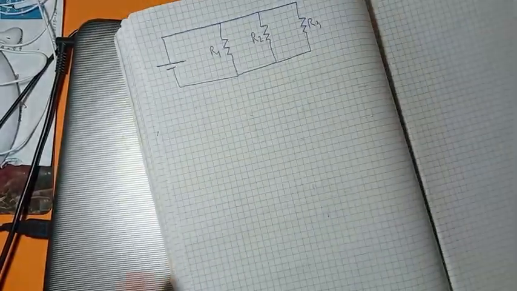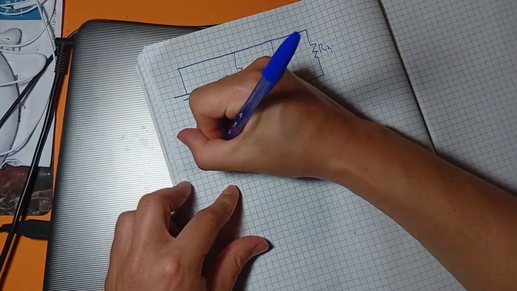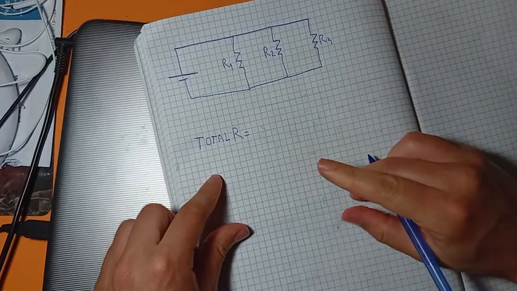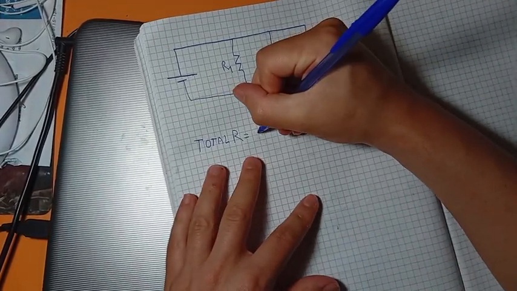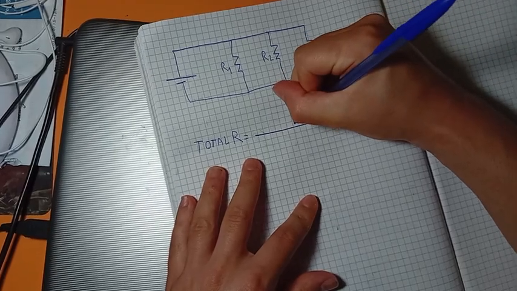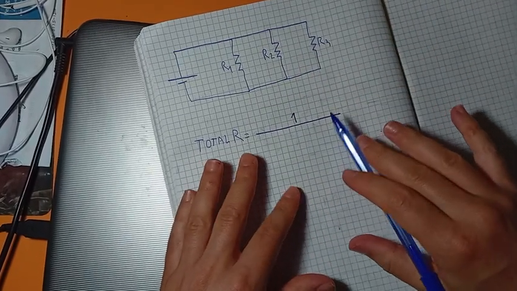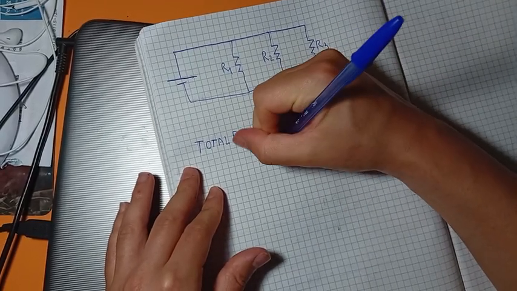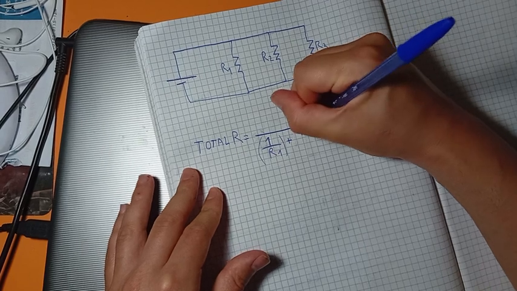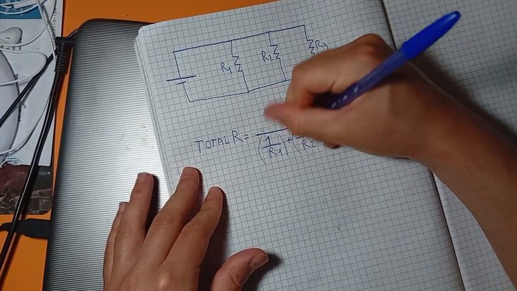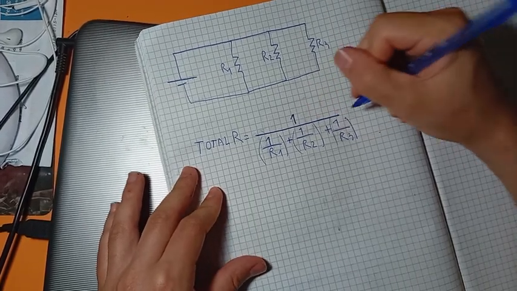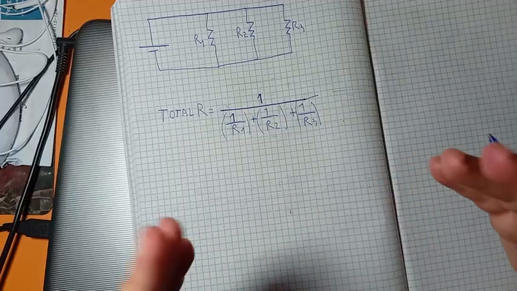I have to apply another formula, another way. What is it? This one. The total resistance here is calculated in this other way. I have to do 1 divided by the sum of 1 divided by R1 plus 1 divided by R2 plus 1 divided by R3. Okay, I have to do this.